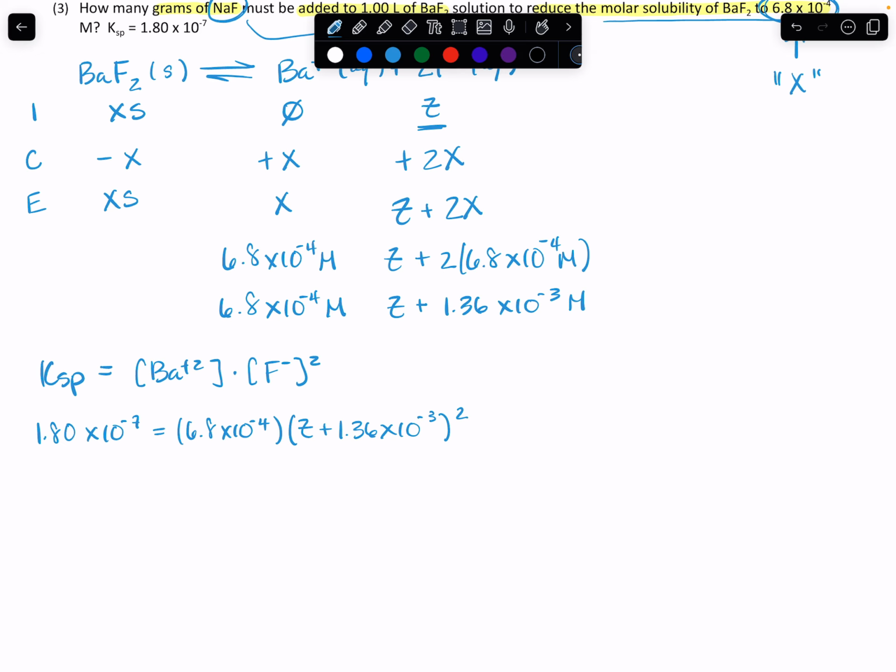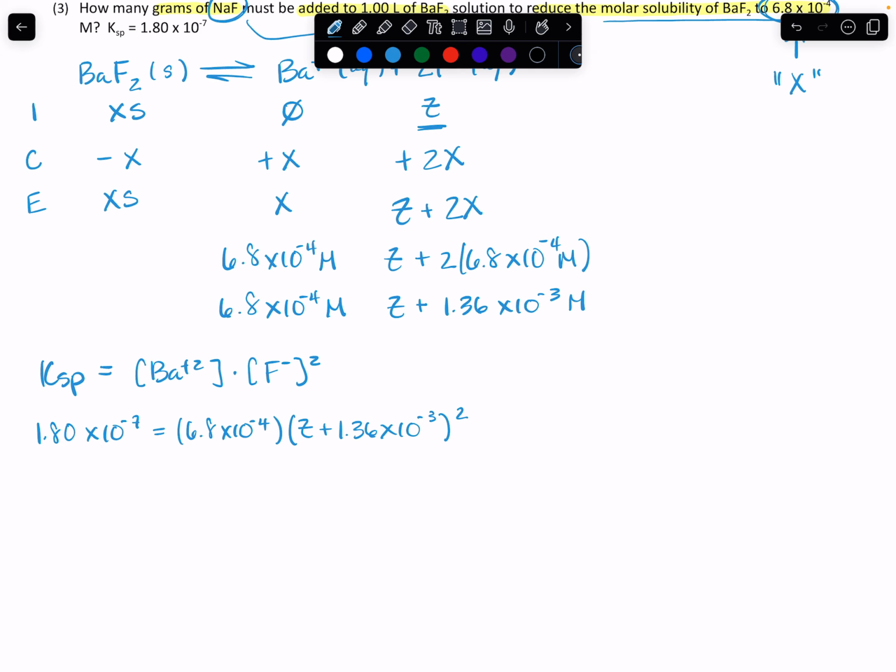squared. All right, now mathematically, I'm going to divide by that 6.8 times 10 to the negative 4th, and then I'm going to take the square root of both sides so I don't have to do a polynomial because I don't like them. But if you want to do a polynomial, you do you. I'm going to do me.